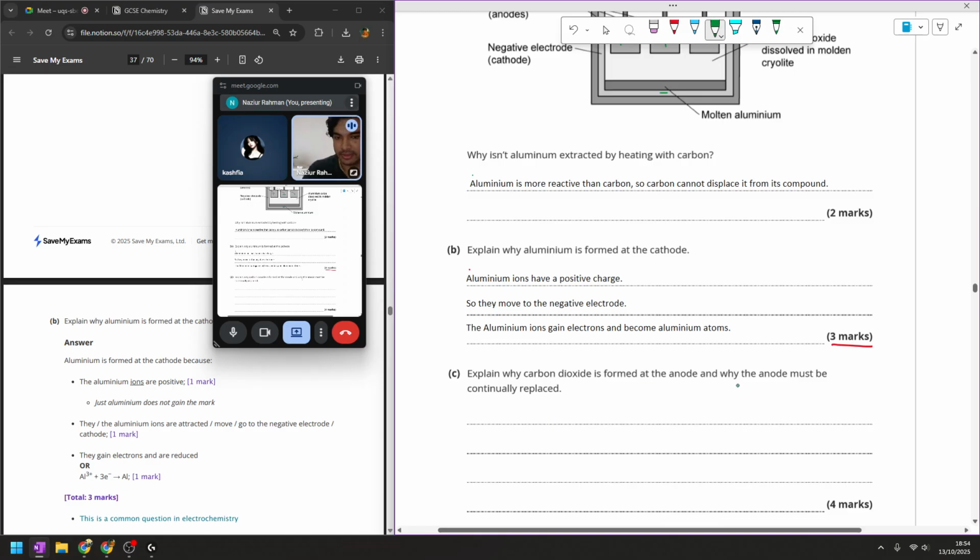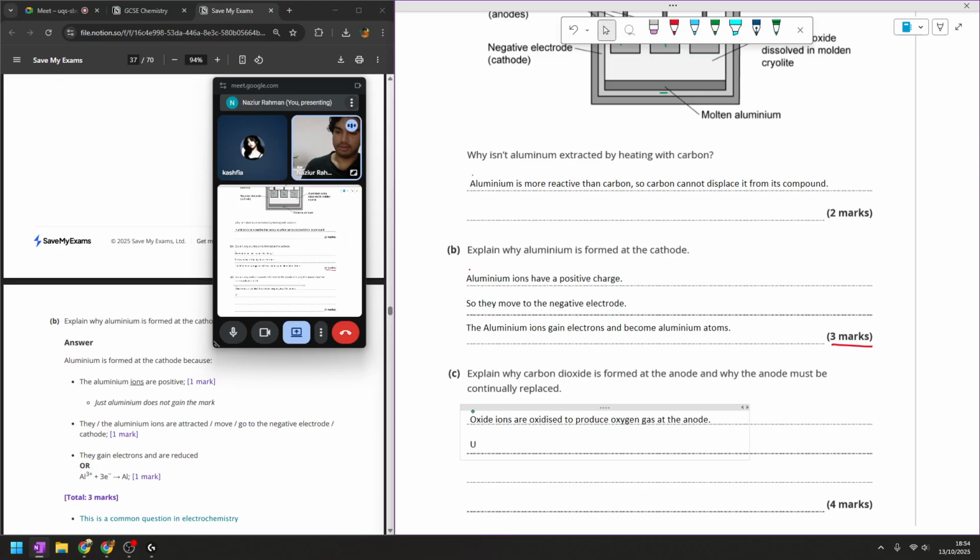Explain why carbon dioxide is formed at the anode, and why the anode must be continuously replaced. So you can say oxide ions are oxidized to produce oxygen gas at the anode.